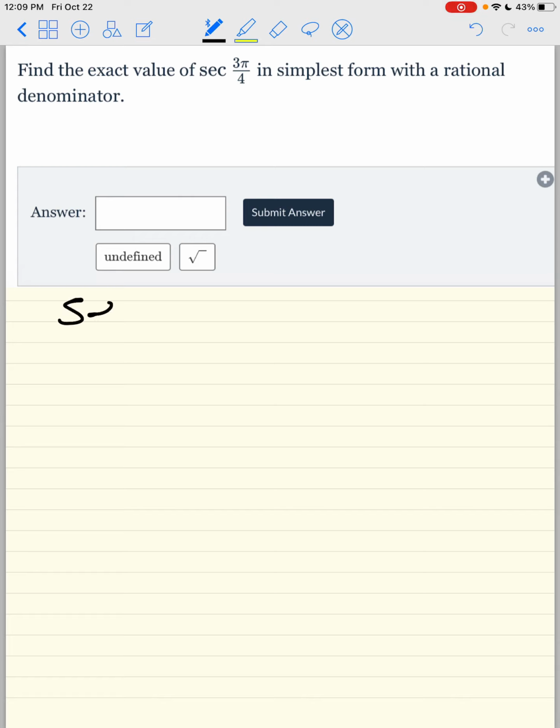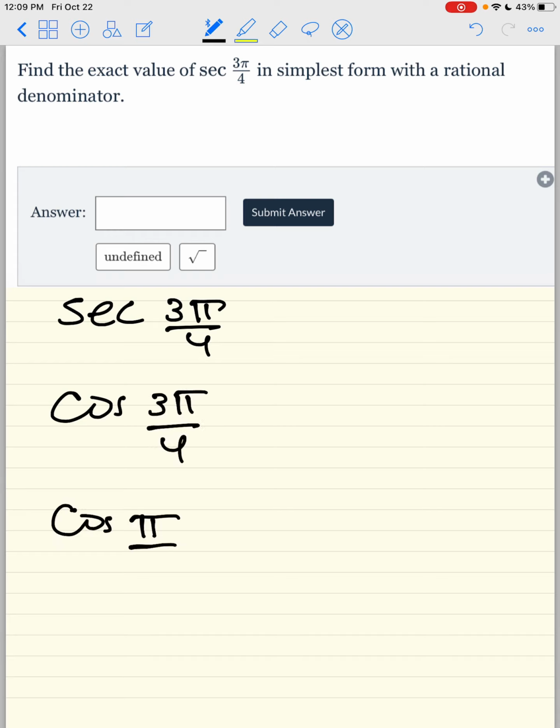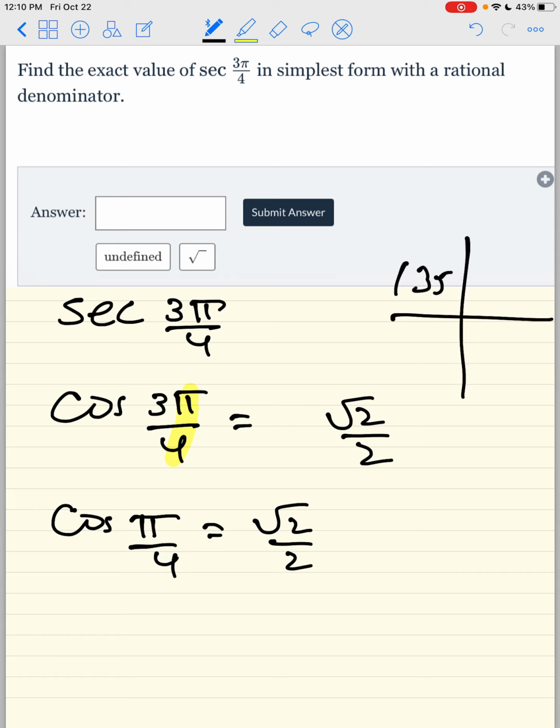Secant 3 pi over 4. I don't know what secant 3 pi over 4 is, but I do know the reciprocal of cosine. We're going to extract that special angle. That's radical 2 over 2. Guess what? That's radical 2 over 2. I just have to decide if it's positive or negative. 45 times 3 is 135.